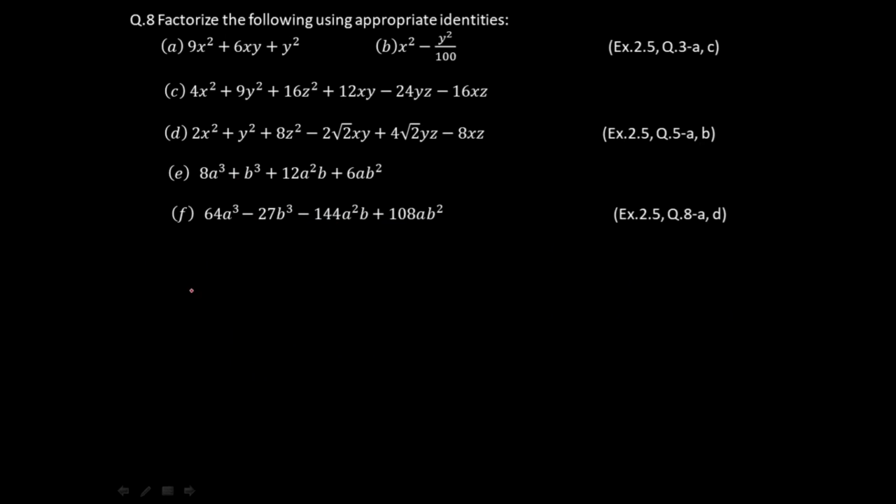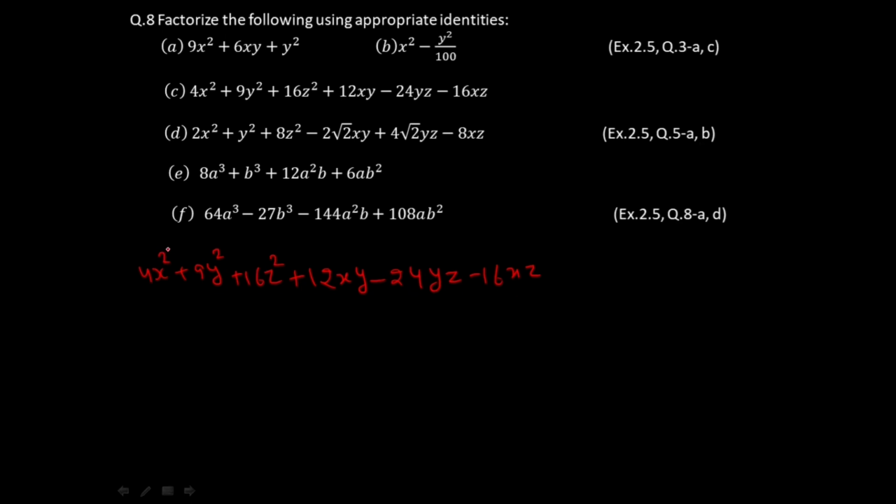In the third part, we have 4x square plus 9y square plus 16z square plus 12xy minus 24yz minus 16xz. Which identity will I be using here?